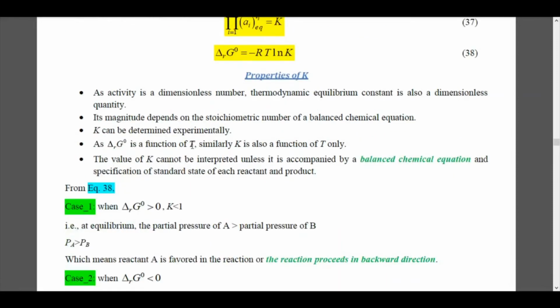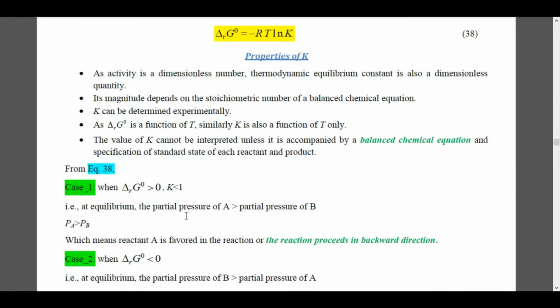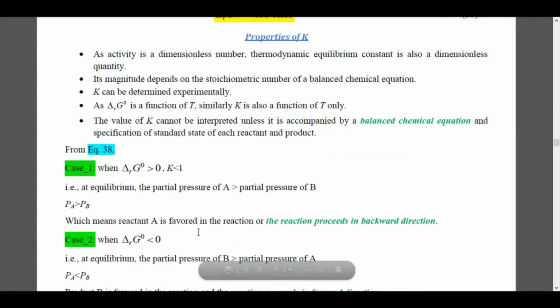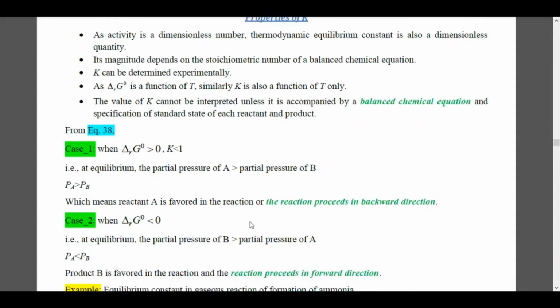So, I am assuming that the reaction is gaseous. I can write, suppose the reaction is A going to B, partial pressure of A is greater than partial pressure of B, which means reactant A is favored in the reaction, or the reaction proceeds in the backward direction.